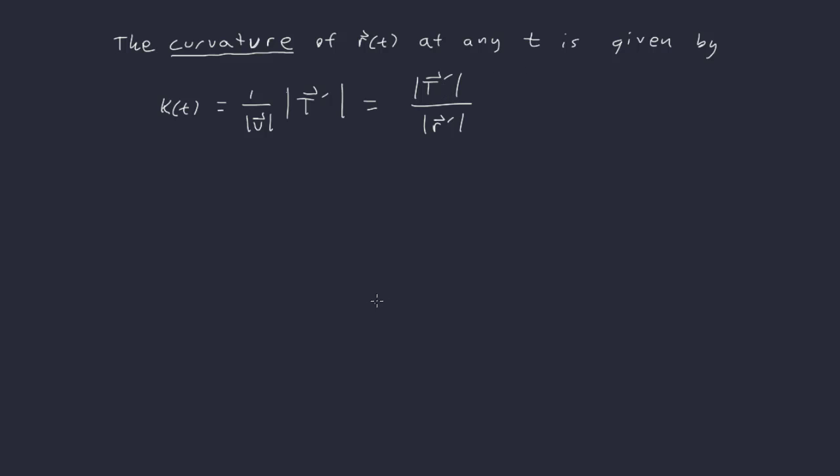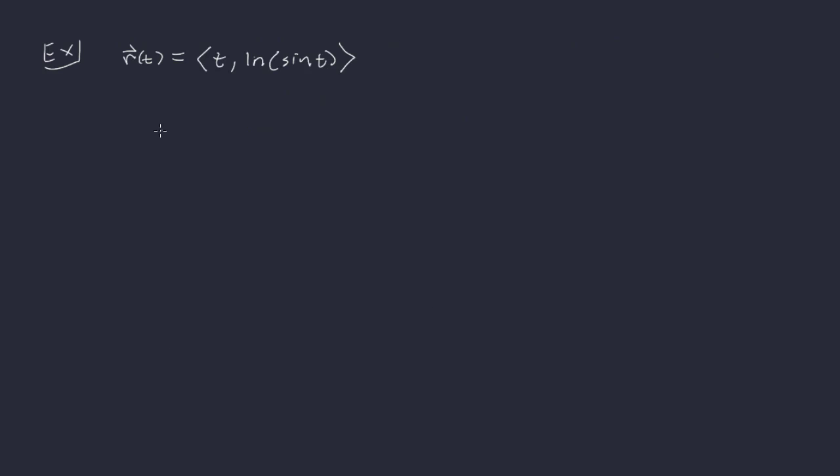All right, so what I want to do for this one is go back to one of the examples we were looking at before. So let's take a look at an example, specifically here for t, comma, ln sine t. So we want to find the curvature, which is always a function of t.